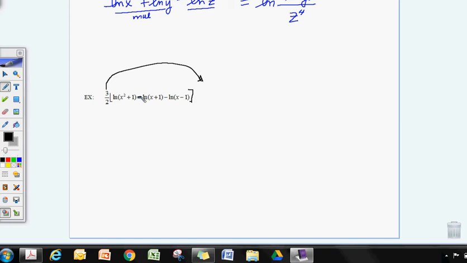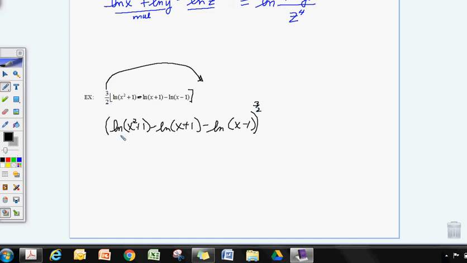This should be a minus sign, so I just made it a minus sign. Okay, first step, natural log of x squared plus 1, subtract the natural log of x plus 1, subtract the natural log of x minus 1, and now it's all raised to the 3/2 power.